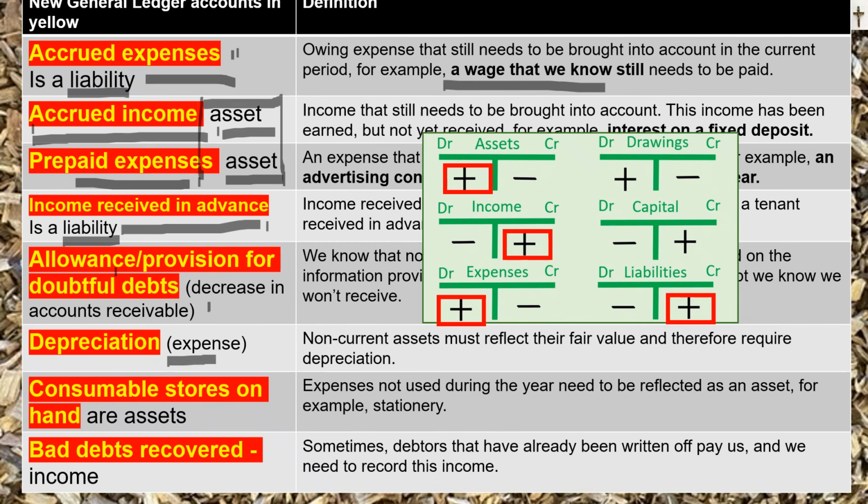Okay, we're familiar with depreciation. Depreciation is done at the end of the financial year to truly reflect the correct book value of our non-current assets in the statement of financial position.